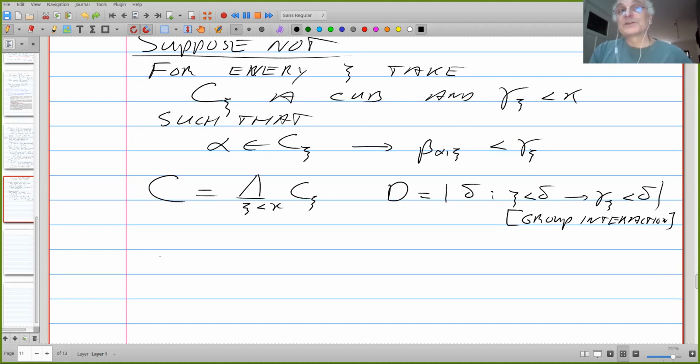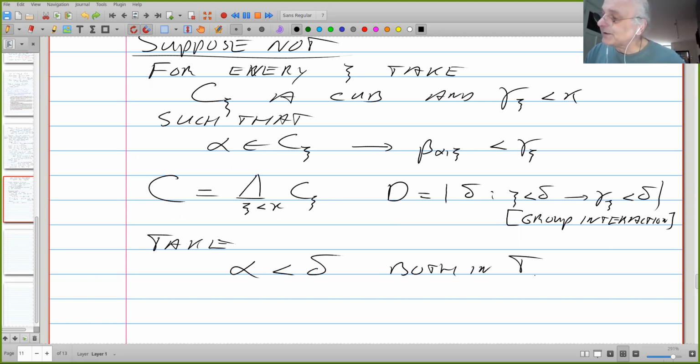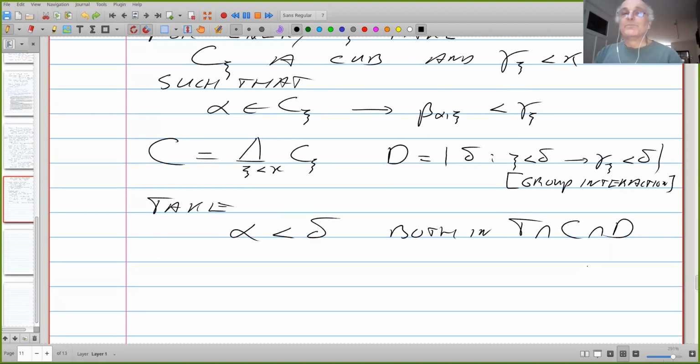Well, T was stationary, right? So we take alpha less than delta, both in T intersect C intersect D. So they have those properties that we were talking about.